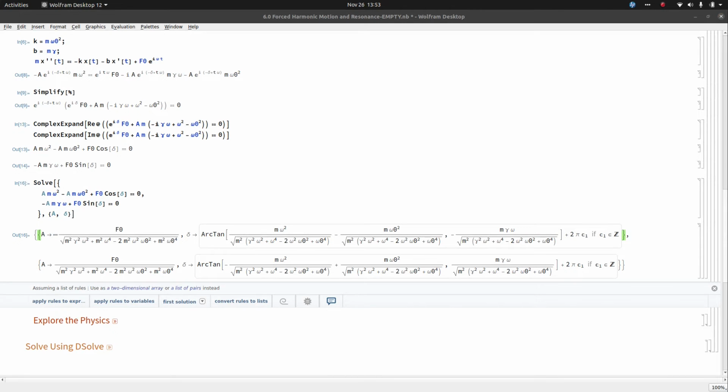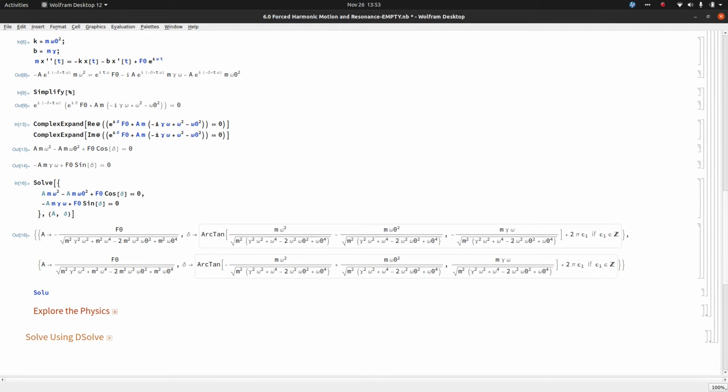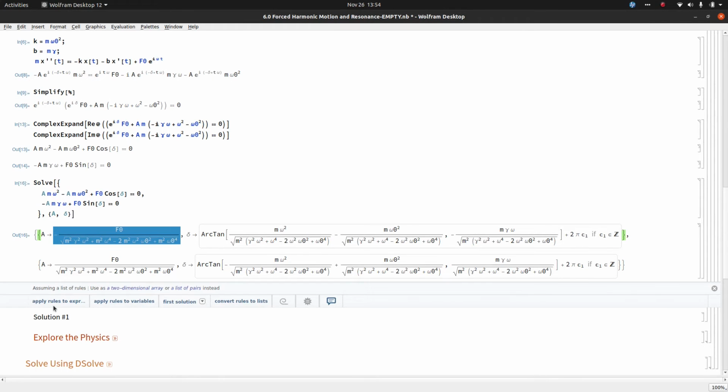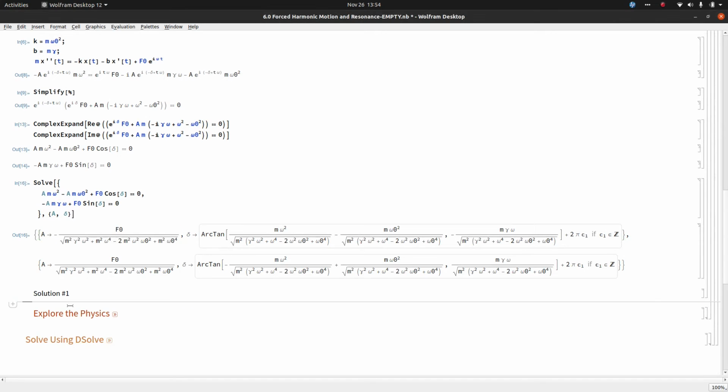So we'll just do a quick look at solution number 1. I'm going to plug this one in, and I'm just going to plot this so you can see what it looks like.